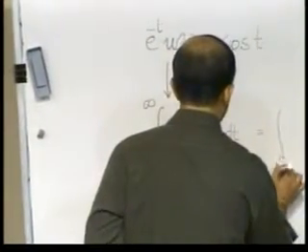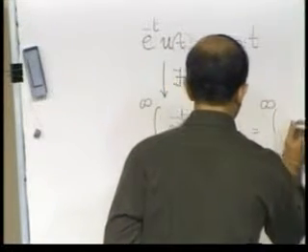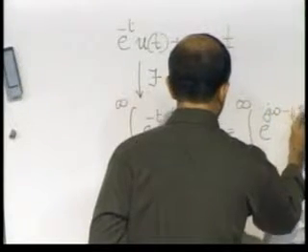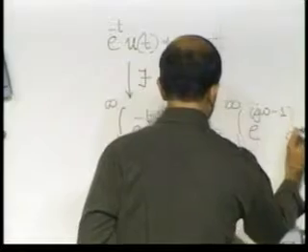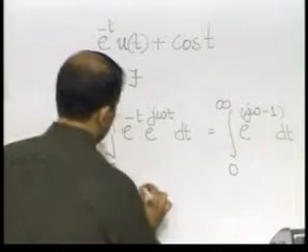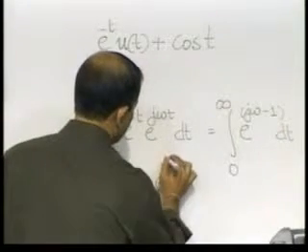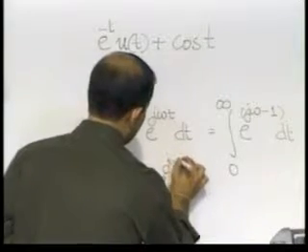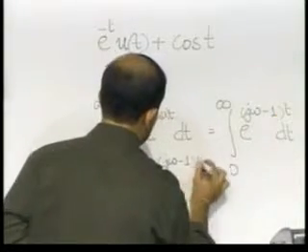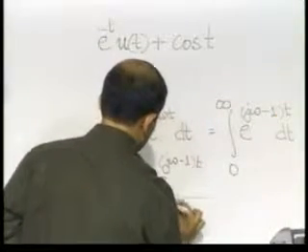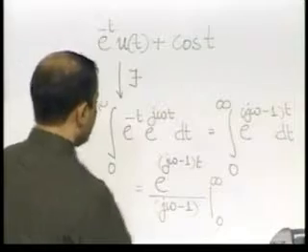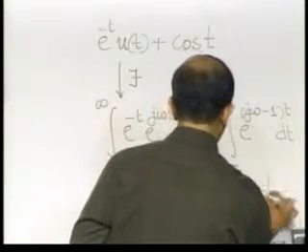This is the integral from 0 to infinity of e raised to the power (j omega minus 1) t, so that becomes e raised to the power (j omega minus 1) t divided by (j omega minus 1), from 0 to infinity. And that leaves us with 1 by 1 minus j omega.